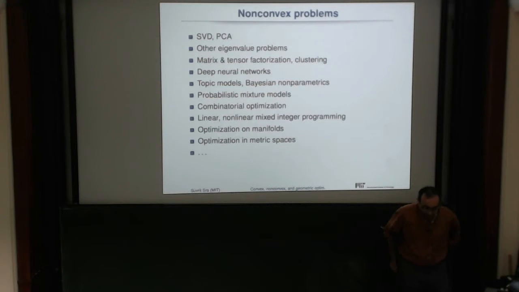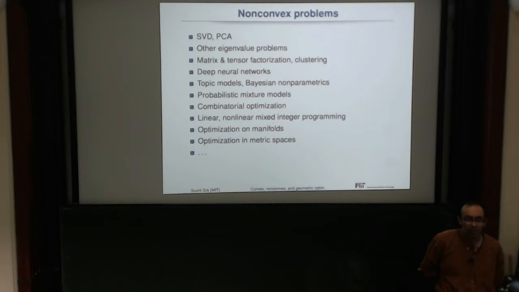I have two or three of these annoying lists in the lectures, so hopefully you don't get too annoyed, but it's just to remind you of some of the popular non-convex problems that you have definitely seen, if not all, most of them.